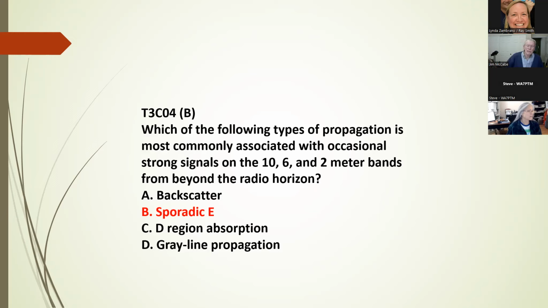Now, this is one where I have to remember that the answer is sporadic E. If you remember that chart we showed, it had a little blurb and a map of what was called sporadic E, showing that the conditions in that particular area were good for bouncing the signal back down from the E layer. It's not one of my areas of expertise, so I would just remember this one.